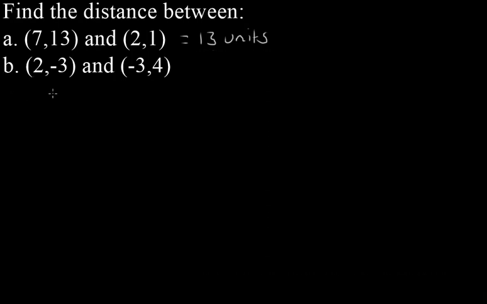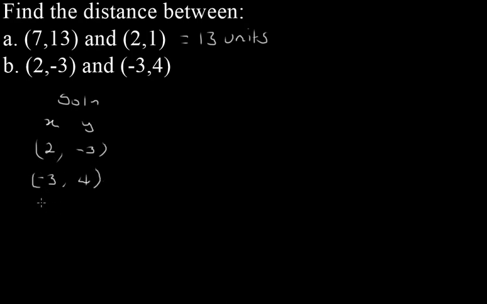So for question B, we are given 2 coordinates as well. And we have 2, -3 and -3, 4. So the first thing is x, y. First coordinates, 2, -3, comma. Second coordinates that we have is -3, 4.